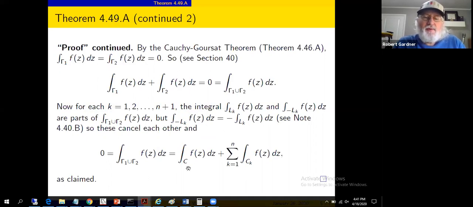You're left then with the integral around the outside plus the integrals around each of those little constituent simple closed contours. That is the integral of f about C plus the sum of the integrals of f about the C sub k's. Add that up, you're going to get 0. Where does 0 come from? Cauchy-Goursat gave us the 0.